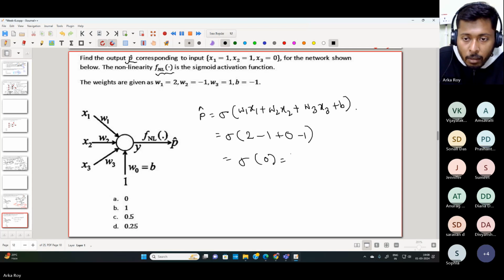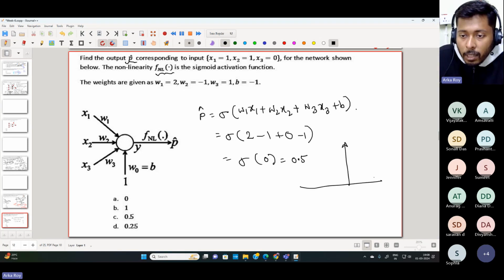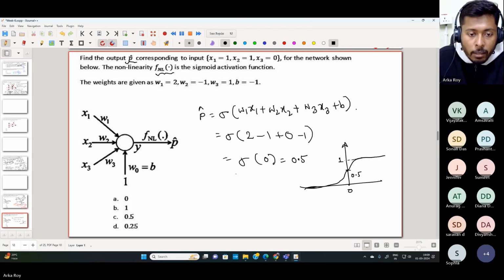Yes, this is 0.5. If I draw the graph, at 0 it is like this, and as you increase the value it saturates to 1, and on the negative side it saturates to 0. So this is the final answer.